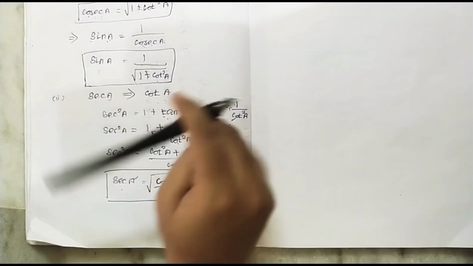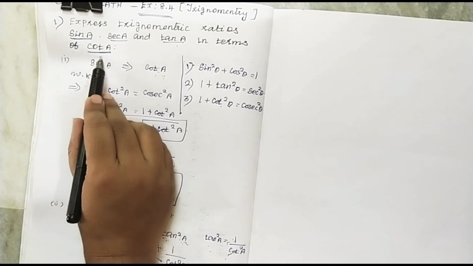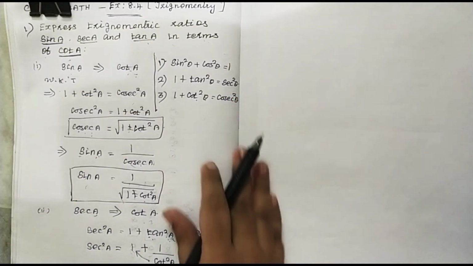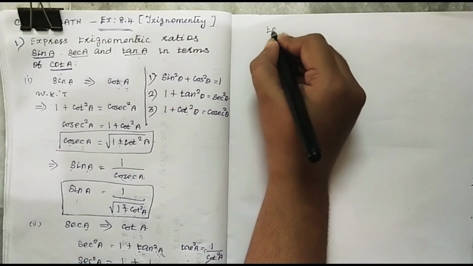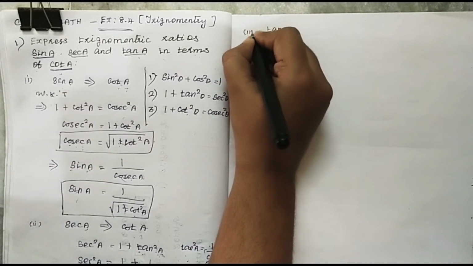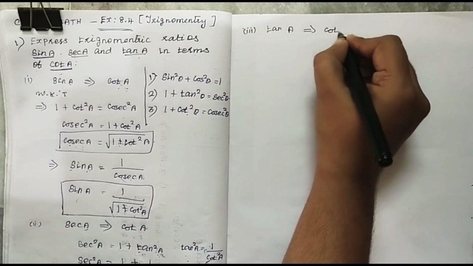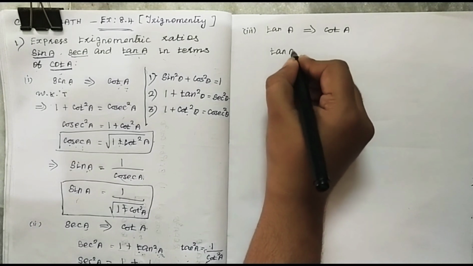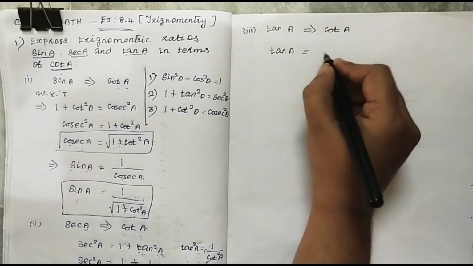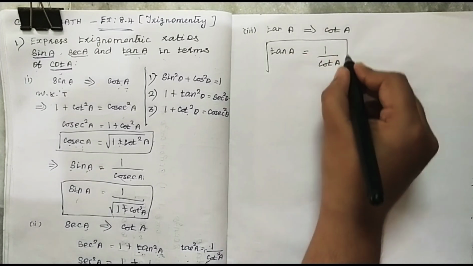The third one is to convert tan A to cot A. Already we know very well tan A is the reciprocal of cot, so 1 divided by cot A. We can write it directly.